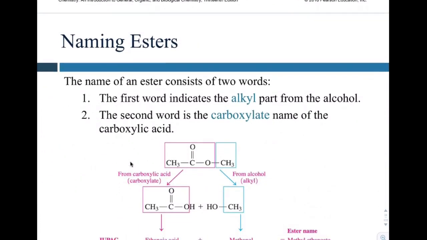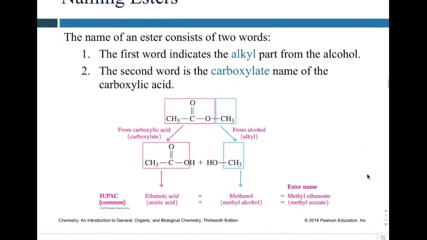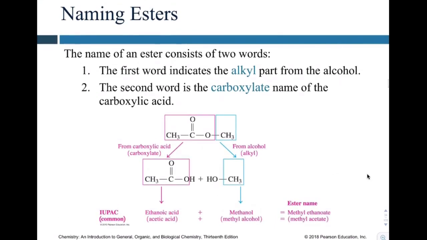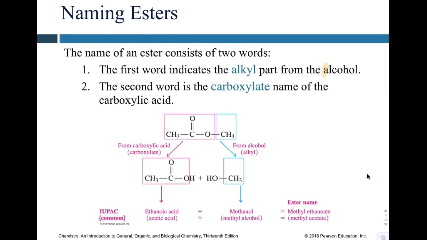So naming esters, just like how we name ethers, we're going to put the two words of everything together. Let's look and see what we have. So looking at this ester, first, we're going to talk about the part that comes from the alcohol. Alcohol is first, starts with an A, like alphabetical.